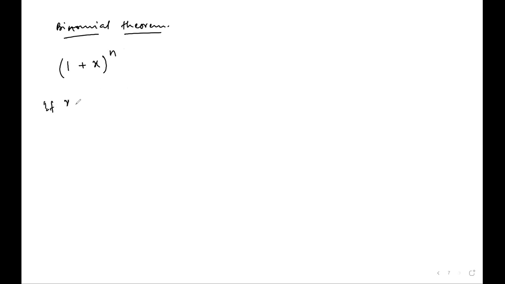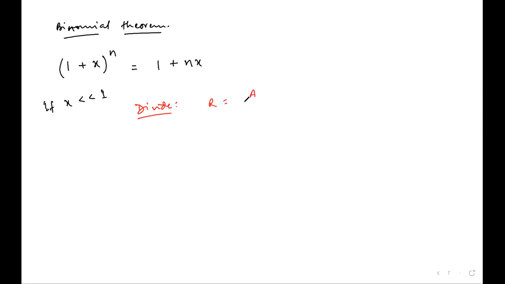If x is very, very small as compared to 1, this will be equal to 1 plus n times x. It means this exponential would get multiplied with this coefficient, whatever the value of n would be, but the condition is the value of x should be very small as compared to 1.